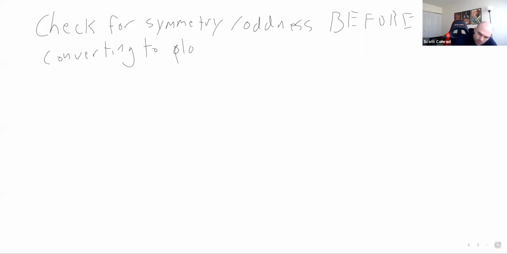Because after you convert to polar, it's no longer obvious looking at the function what you can simplify. When I say simplify, I mean cancel out the term because it integrates to 0. So do all of this before you convert to polar or get bounds or anything like that.